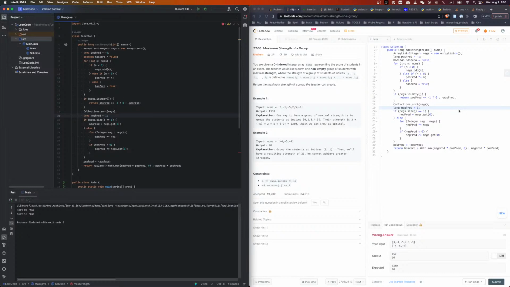I have to consider the second one, right? Second one, this is not. So we sort this. So it's -4, -4, -5. No, -5, -4, -4. Dude. Can I sort reverse?